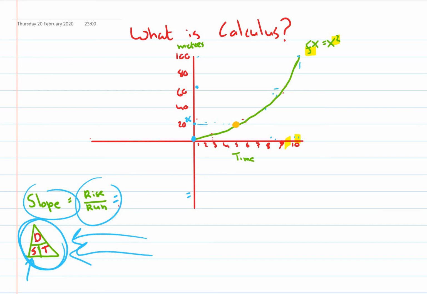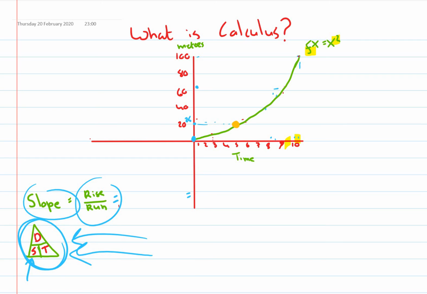So I want to find his exact speed, bang, at 5 seconds. Not his average speed between 5 and 10 seconds, but his actual speed, that instantaneous speed at 5 seconds.